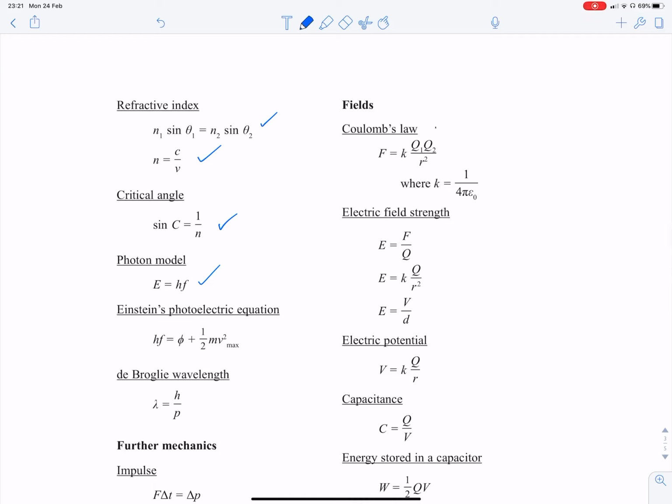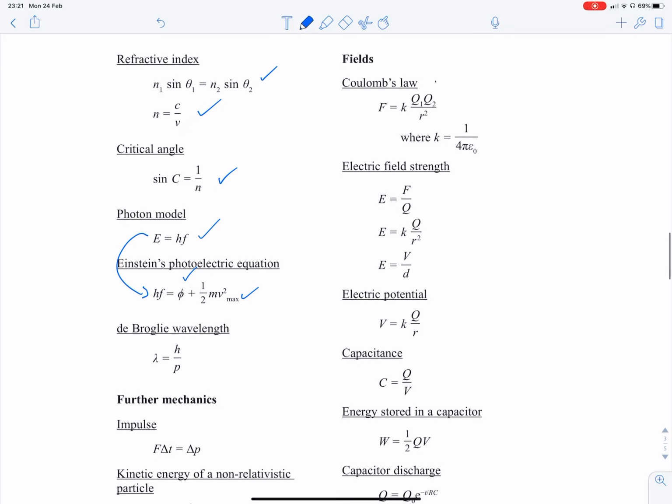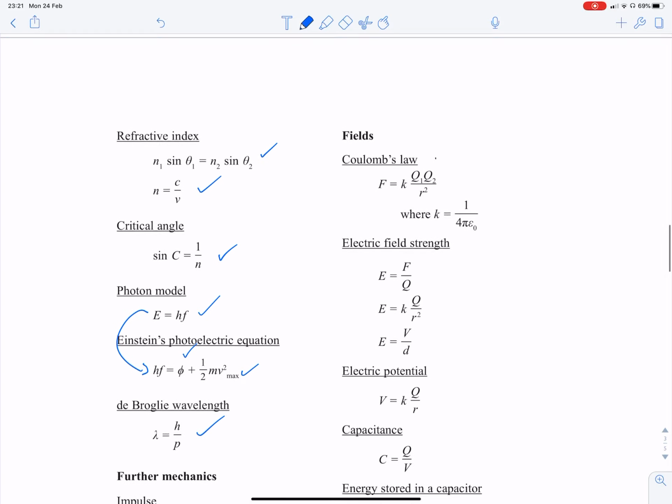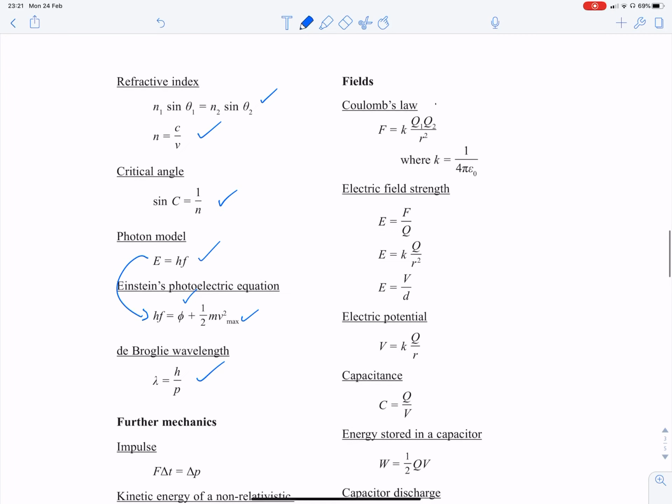Einstein's photoelectric equation: hf, which is this energy here, equals phi, which is the work function, plus half mv squared maximum, for the maximum velocity. The de Broglie wavelength: lambda equals h over p, and this h is Planck's constant.